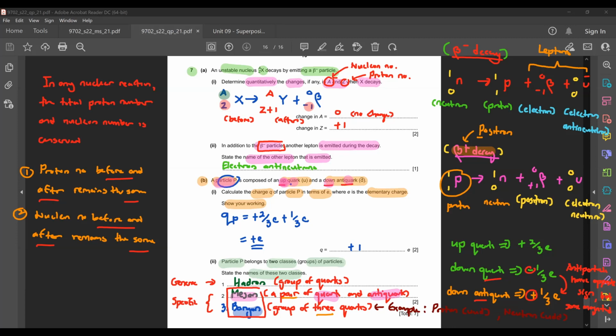So these have three quarks. They are also known as baryons, in addition to being known as hadrons too. Okay, so just bear all of this in mind before you sit for your exam. Okay, so with this, we are done with the last question. We have already completed this paper.